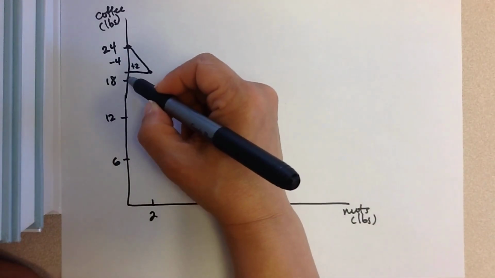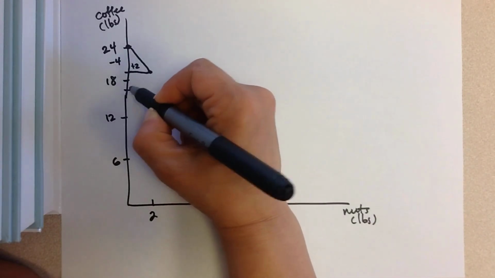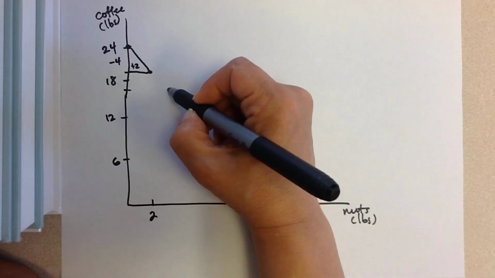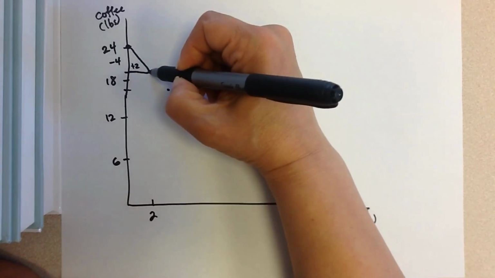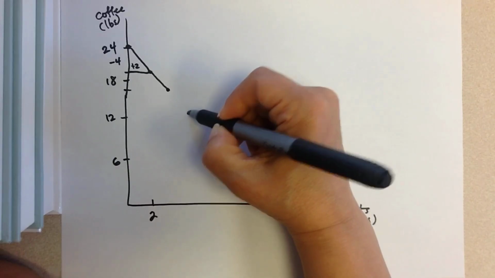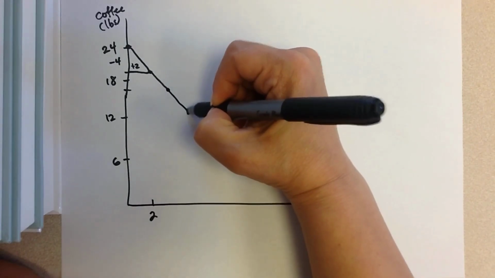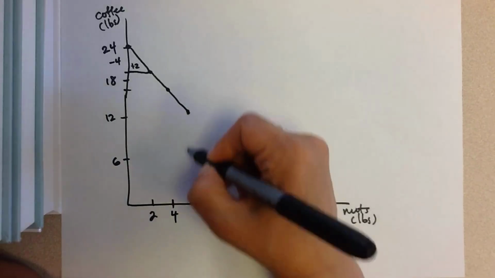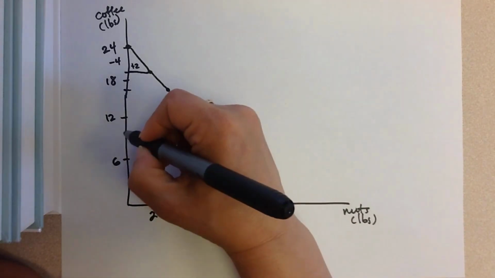And the same would be true for every hour that she moved over. It would be minus 4, plus 2. 4, 6.